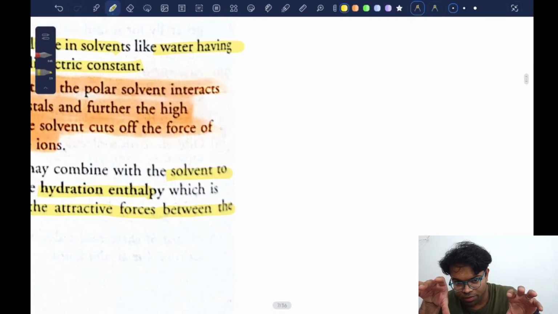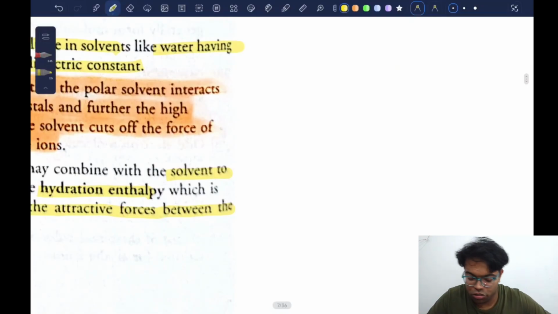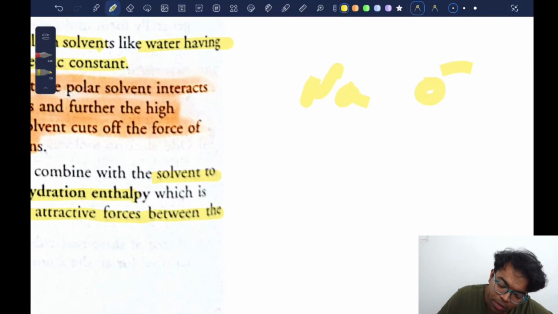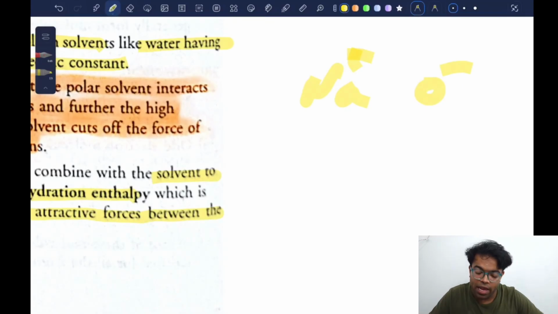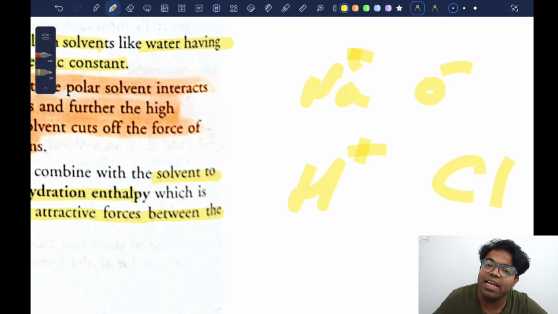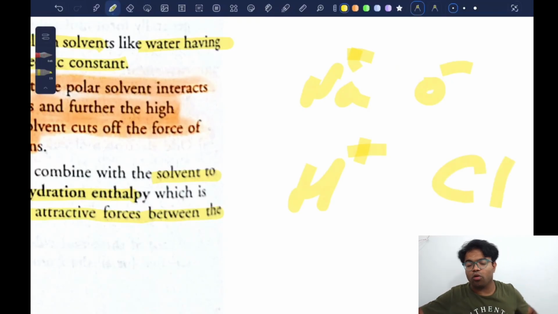Now, the oxygen, being negative, is attracting the sodium, which has a positive charge, and the hydrogen, which has a positive charge, is attracting the chlorine, which has a negative charge. So it is not only forming bonds with the ionic compound, it is ripping apart the ions.